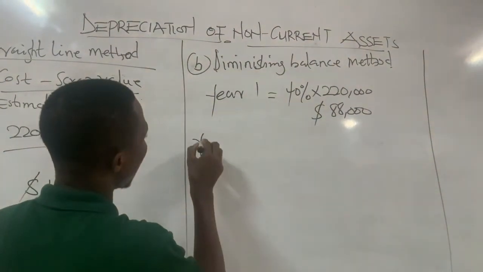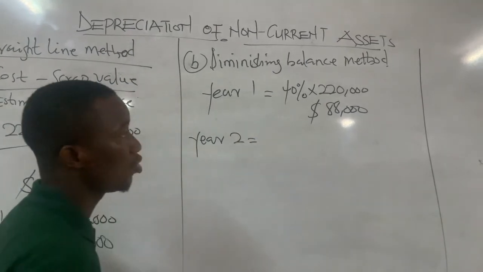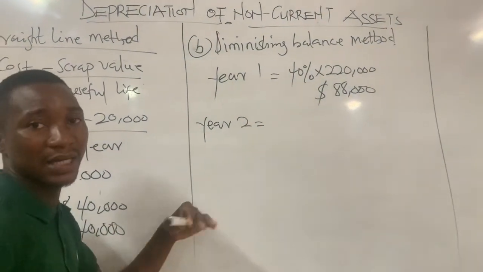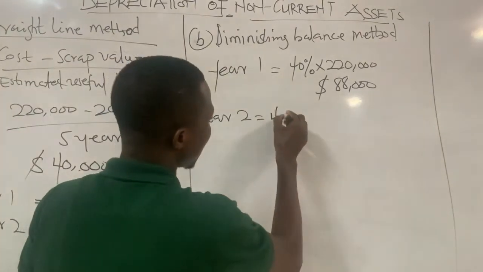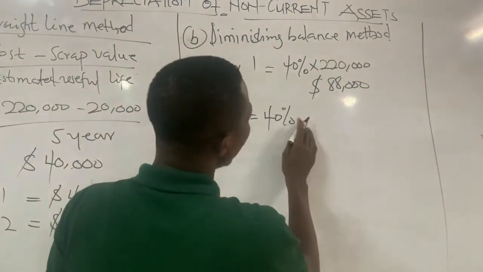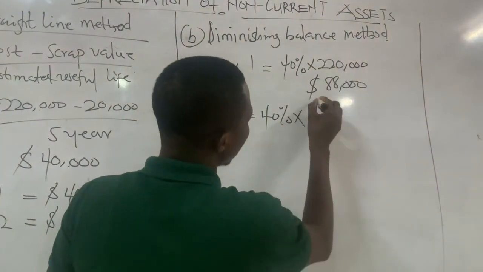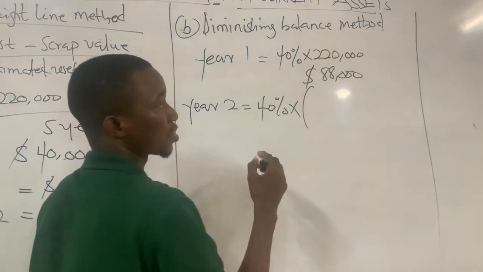And for the second year, or year 2, I told you after year 1, the subsequent years we calculate on the reducing balance method. So the 40% will be calculated on the net book value. The net book value here is taking the depreciation from the initial cost.